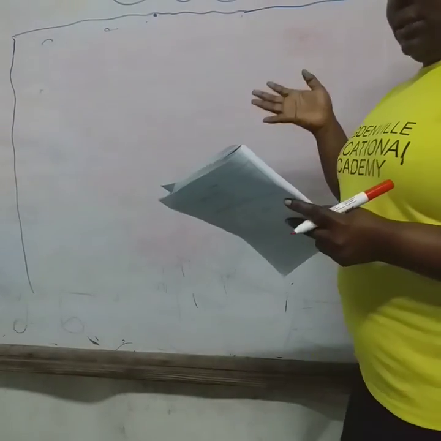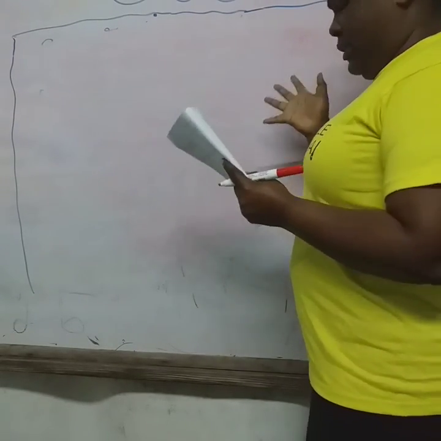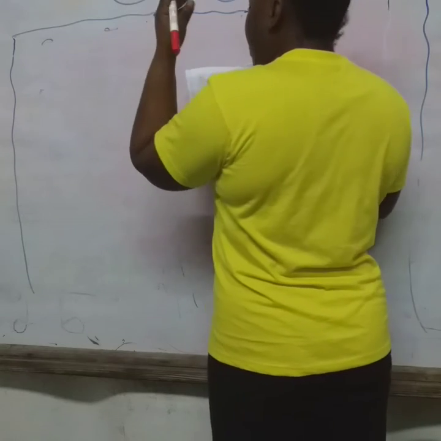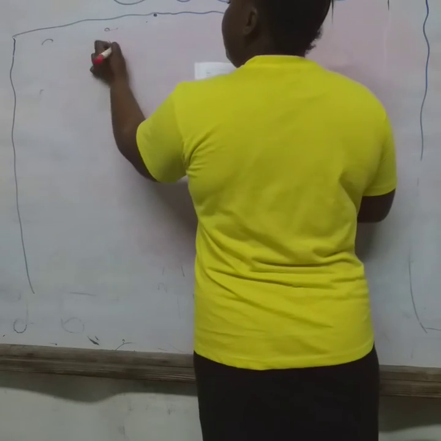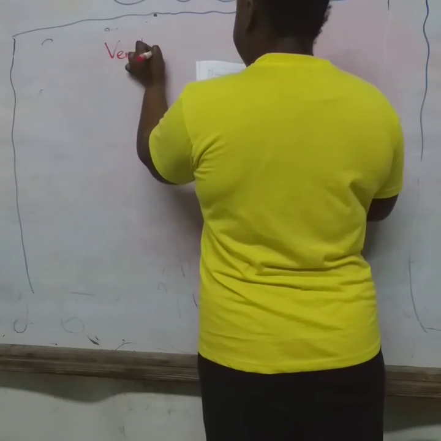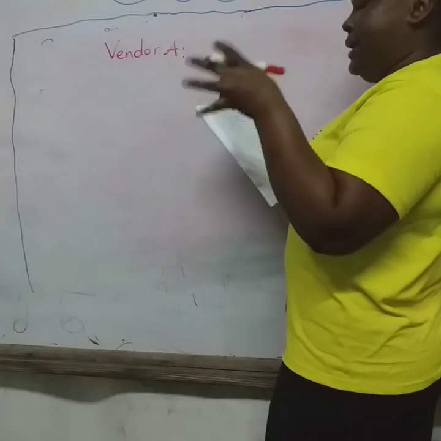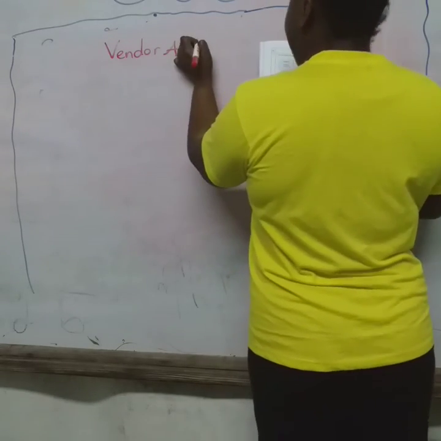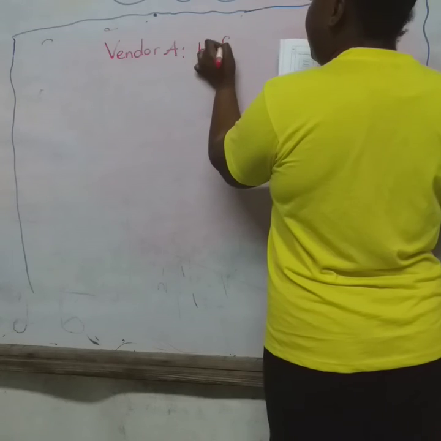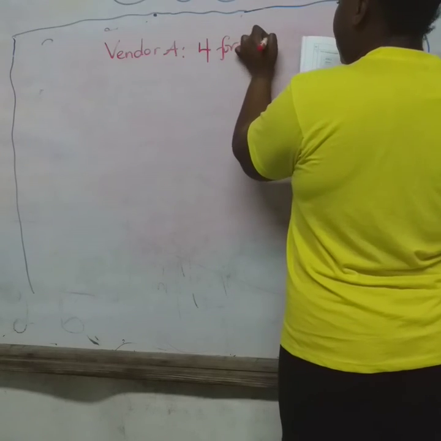All right, and these type of questions, they love to bring these type of questions. Who is cheaper? So we're looking at two vendors. We have vendor A, who is selling mangoes. Vendor A is selling mangoes, 4 for $10.